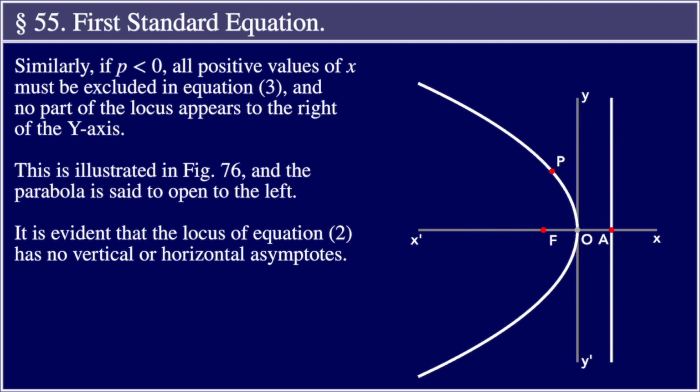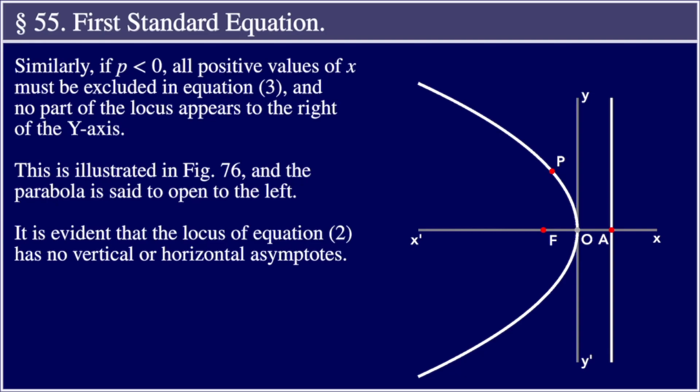Similarly, if p is less than 0, all positive values of x must be excluded in equation 3, and no part of the locus appears to the right of the y-axis. This is illustrated in Figure 76, and the parabola is said to open to the left.